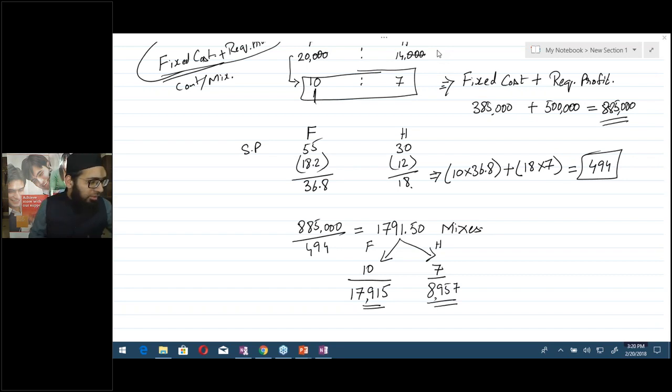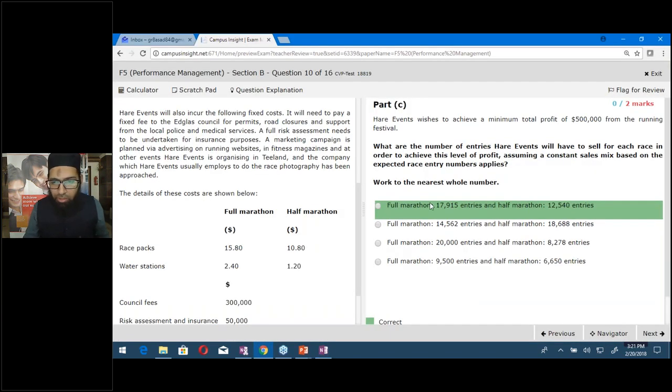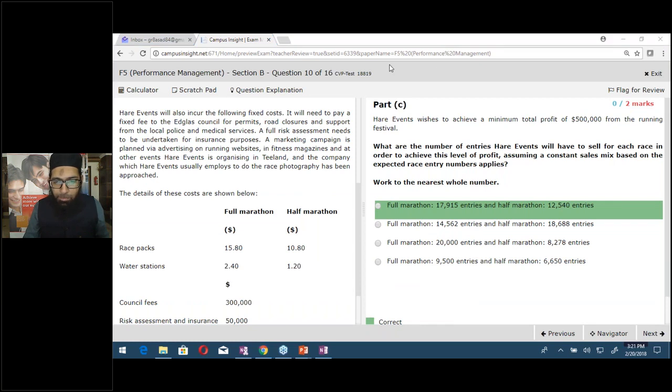Okay, there is a multiplication error. 1791.50 multiplied by 7 is 12540. So this will be my answer. My full marathon is 17915, and my half marathon is 12540. Sorry, there was a calculation error in that.